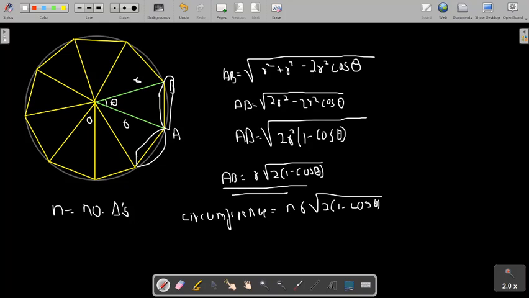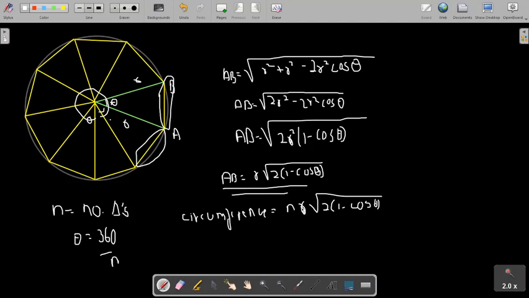Now you have to substitute this theta with something, right? All these triangles are congruent and all of this sums to 360, and we know the number of triangles is n, so we can write theta equals 360 divided by n.